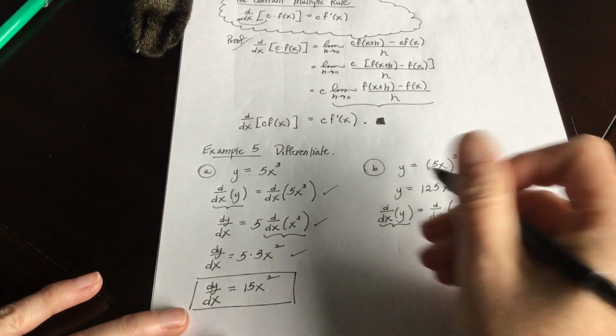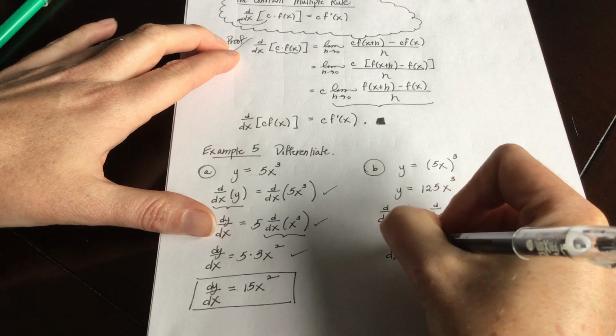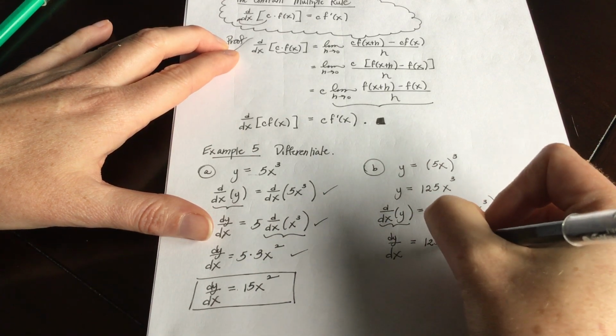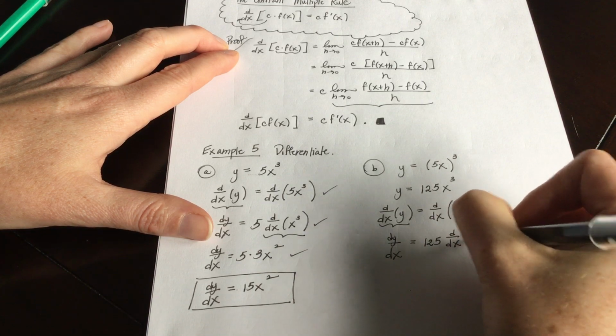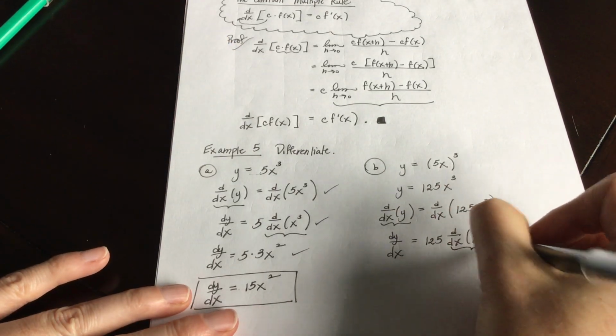Then on the left side, d/dx of y is dy/dx. On the right side, you could factor that constant out in front and just take d/dx of the function of x that's left. Now this is a power rule problem.